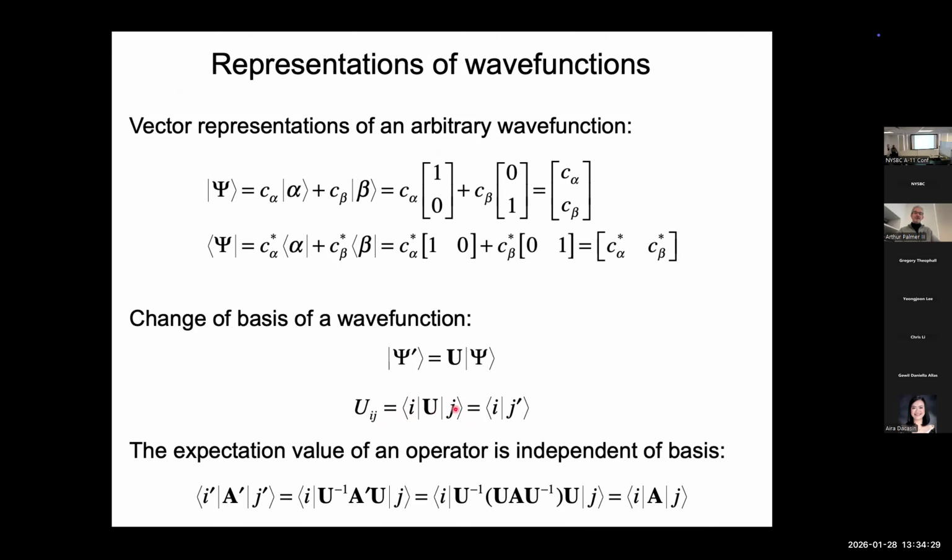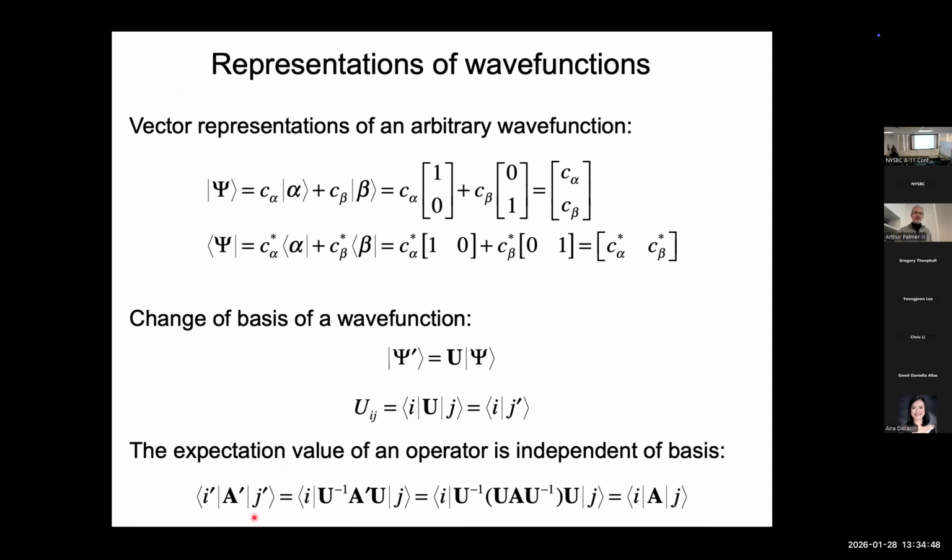U acting on j is just j represented in the primed basis. So this also can be written as the projection of i onto j prime.